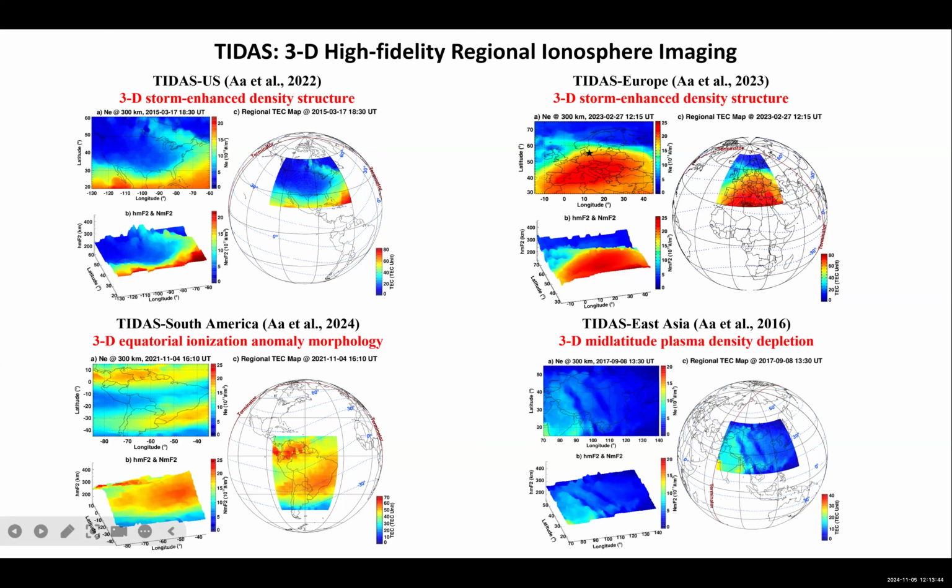And in the East Asian sectors, there are some low latitude and mid latitude electron density structures. For example, for this one, you can see this super plasma density depletion structure that evolved from the equatorial plasma bubbles. So that's why we developed TIDAS for those 4 targeting regions.